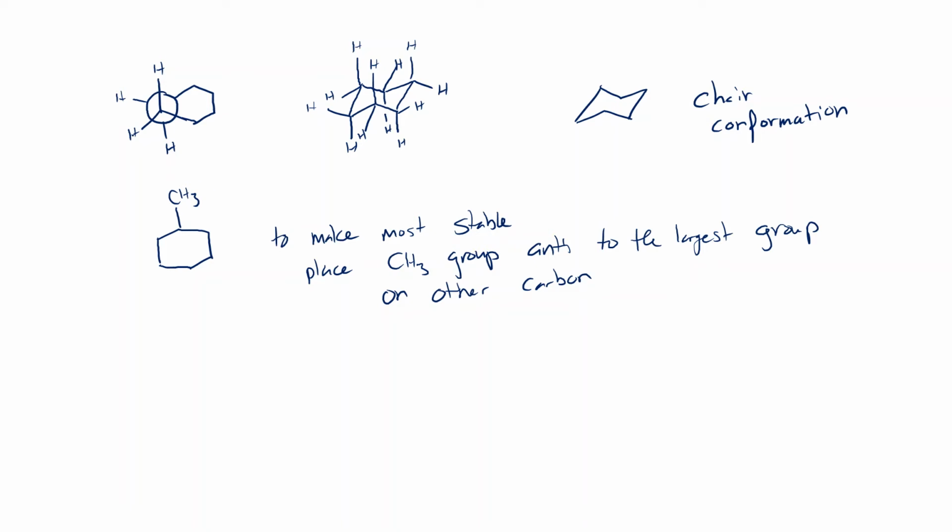We look at these options. If these are the largest groups over here, the best options are going to be one of these two hydrogens, and it just depends on which carbon you want to put your methyl group on. So there's really two options. You could do this one with the methyl group there.